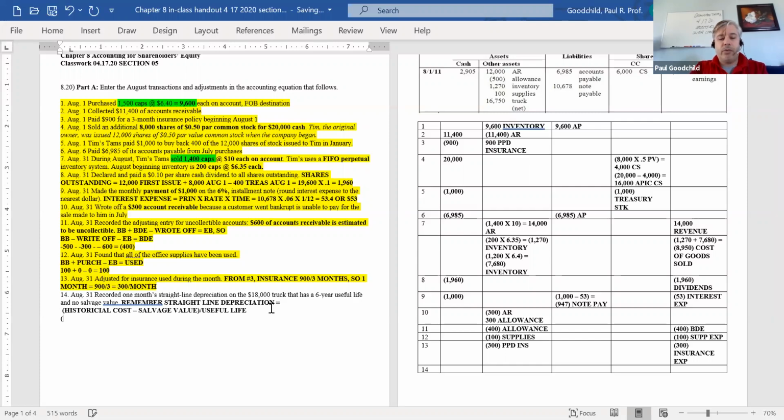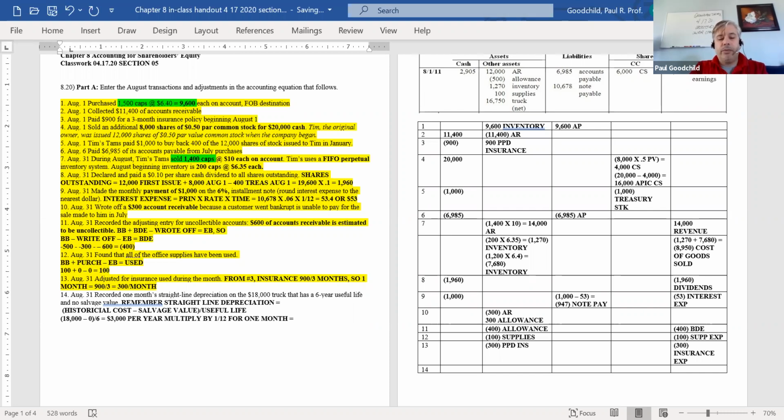And so our historical cost is 18,000, salvage value is 0, and our useful life is 6. So that tells us our depreciation is 3,000 per year, which we have to multiply by 1/12 for 1 month.